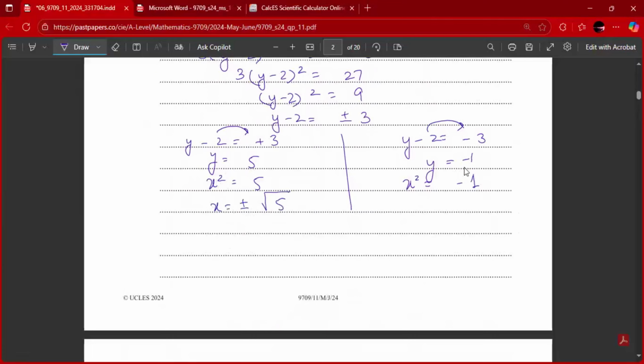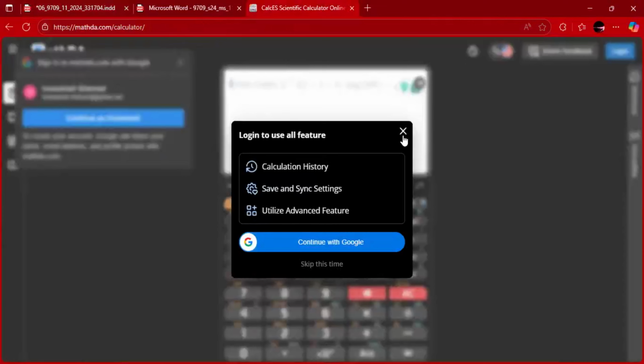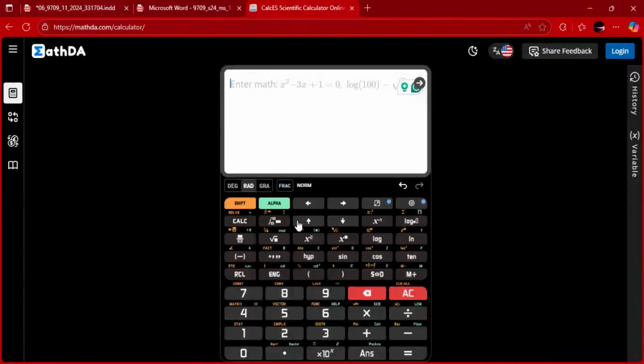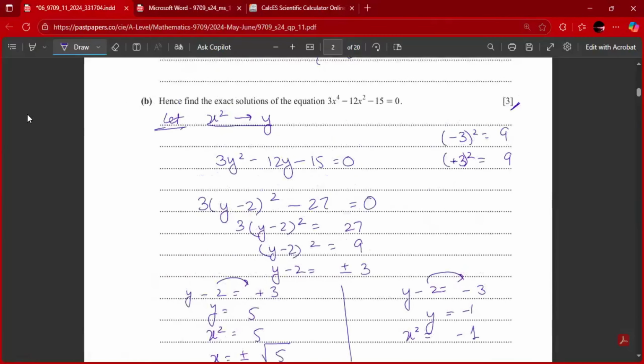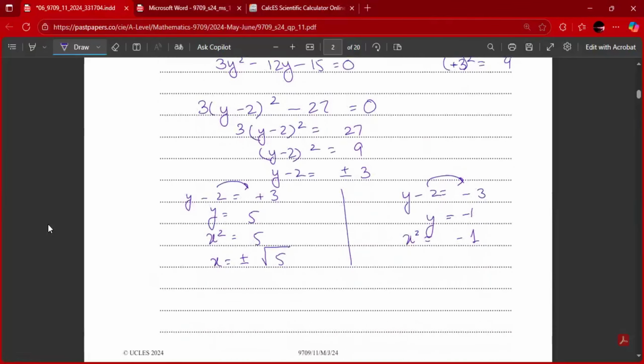But if we do the square root of negative 1, we will get a math error in our calculators, which is due to this being a complex number. The square root of minus 1 is a complex number, which is iota, and they asked for exact solutions, not complex numbers. So that is not possible.